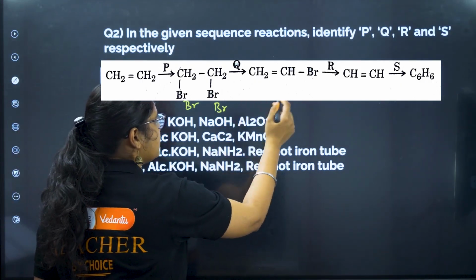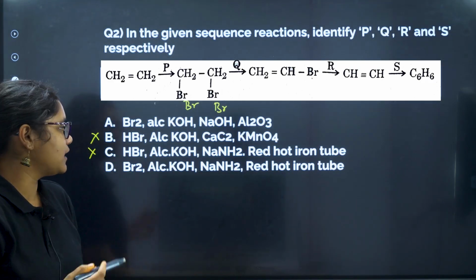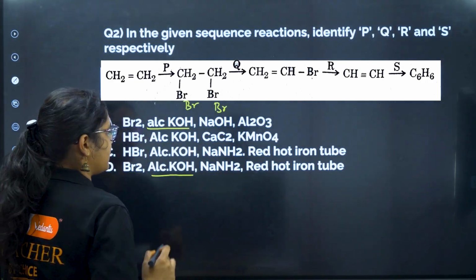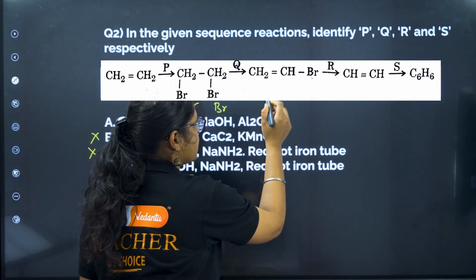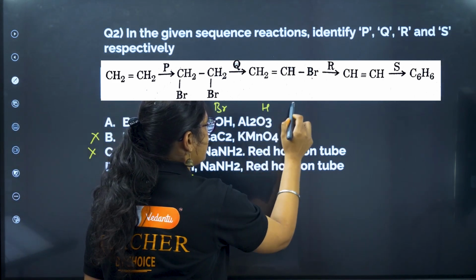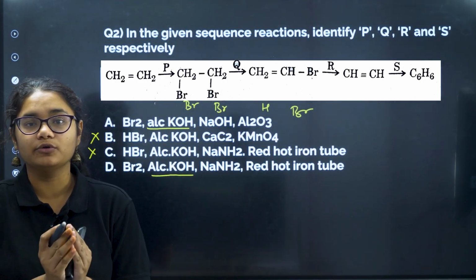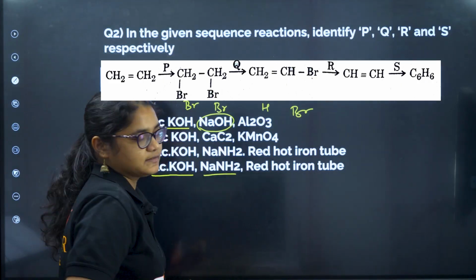Now you see there is one elimination of HBr. For elimination of HBr, we use alcoholic KOH. So we have alcoholic KOH here, we have alcoholic KOH here also. Now for removing another pair of HBr, that is this H and this Br, we need to use NaNH2. So that is why this one is wrong and this one is correct, okay.